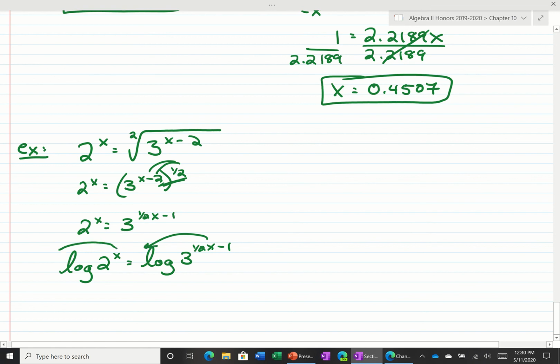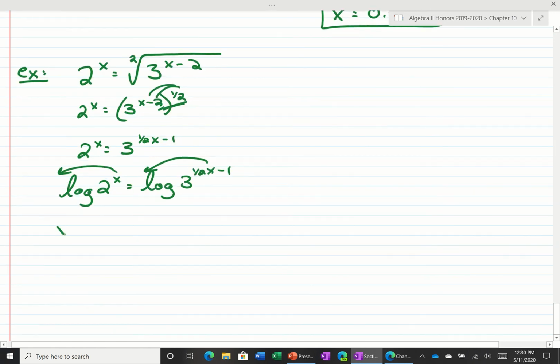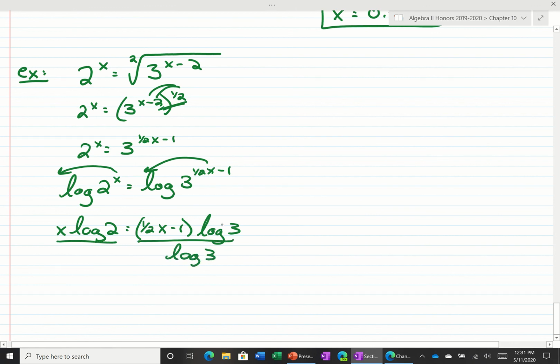From here, we could bring the power down. And divide both sides by log 3, so that way we don't have to distribute a decimal on the right. We get 1/2 x minus 1, and we're going to figure out what log 2 divided by log 3 is. That comes out to 0.6309x.